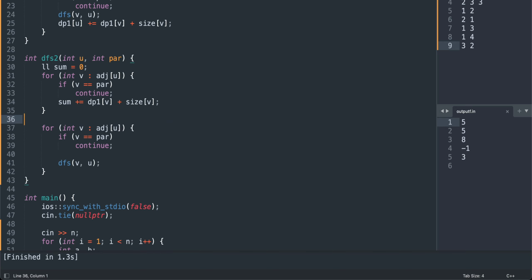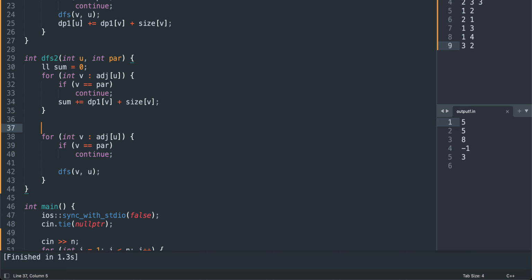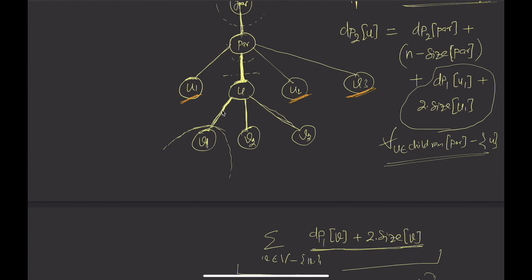We have calculated the total sum, which is v sum, because when I call it here, I assume v1's dp2 is already known. So dp2 of v1 plus the total size minus size of this minus size of v1, right?